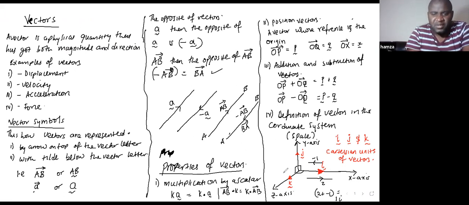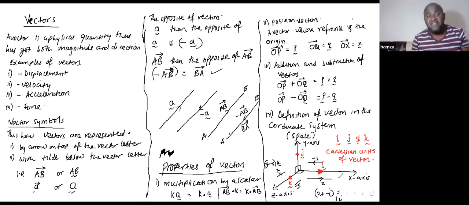If another vector is going this way in k, which is 7, and another is going this way as negative 5, then the resultant of these two will be 7 minus 5, but in the k direction. I cannot add the 7 to the negative 1. I cannot add the negative 5 to the 2 because they are moving in different directions.